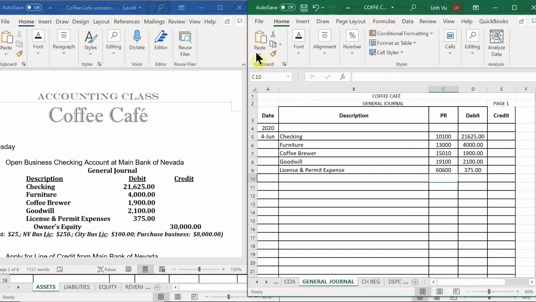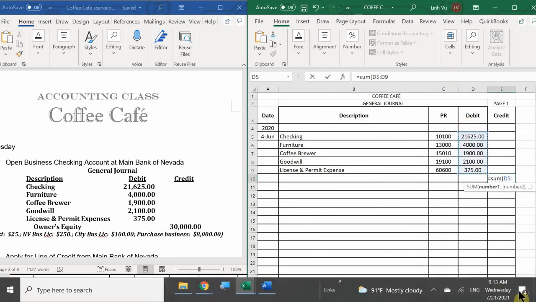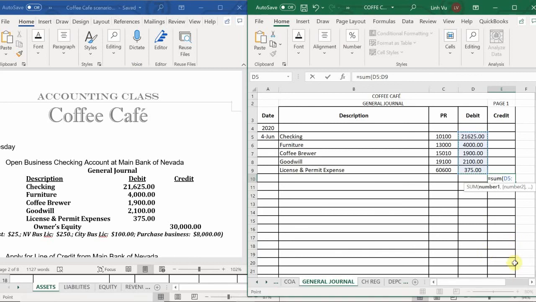Now let's go ahead and sum this up to calculate what my total amount should be in my credits. So I'm going to use my equal sum formula. Or you could click and highlight everything and you should be able to see the auto sum down below. So if I click on this and enter, I have a total of $30,000.